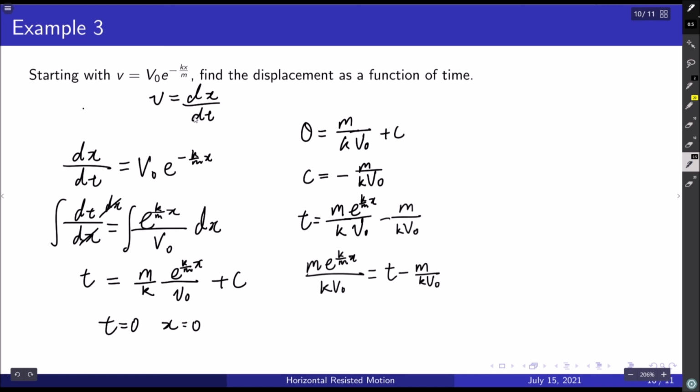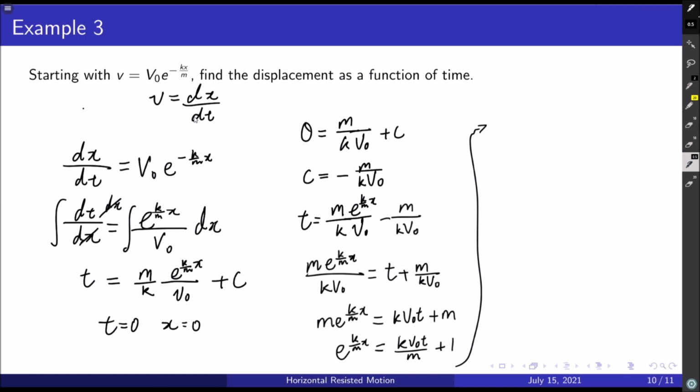So multiply both sides by k v0. m e to the k over m x equals k v0 t minus m, and then divide everything by m. e to the k over m x equals k v0 t over m, sorry, it should be plus 1.